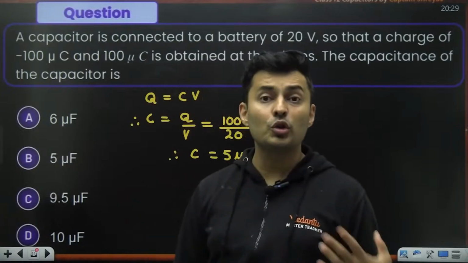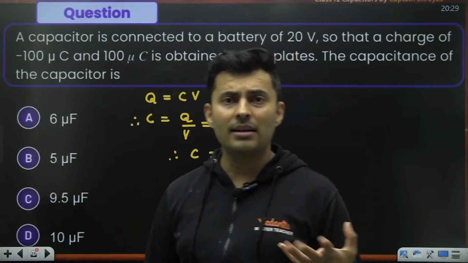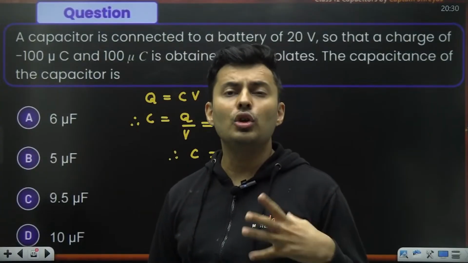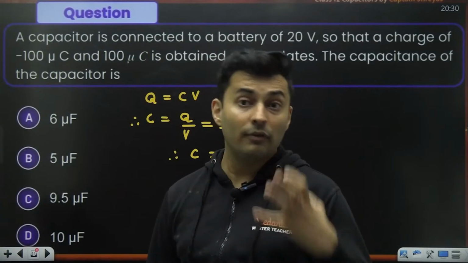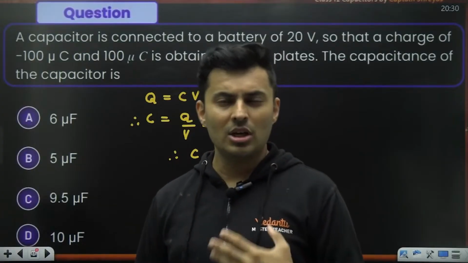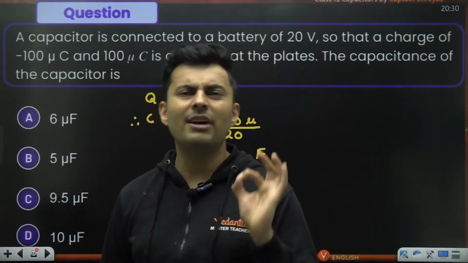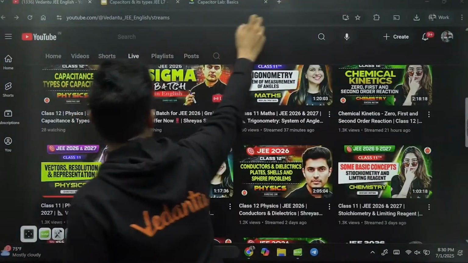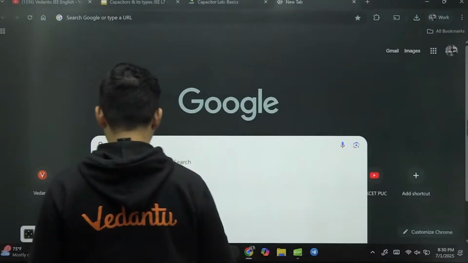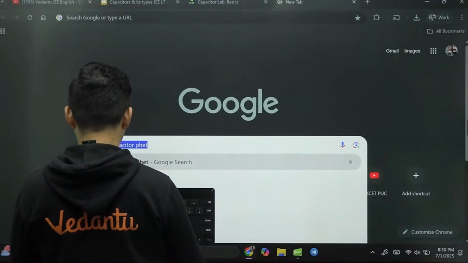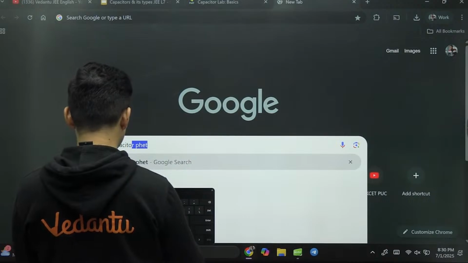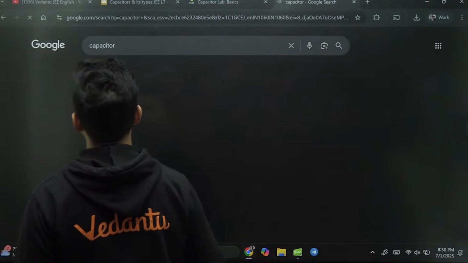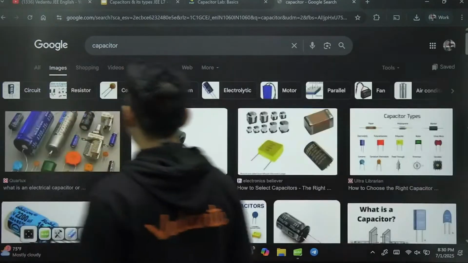Remember, the capacitors which you usually get in the market are usually in microfarads or picofarads. Millifarad is a huge capacitor and a farad is a very huge unit. So normal capacitors are very, very small. If you're wondering how capacitors look, you should probably just Google it. So this is how capacitors basically look.